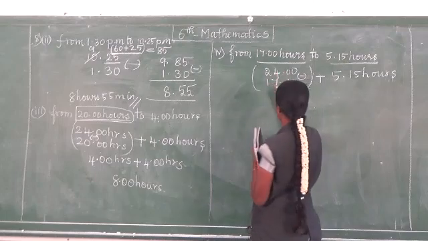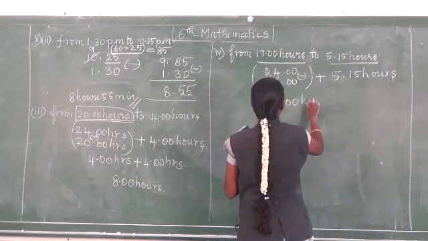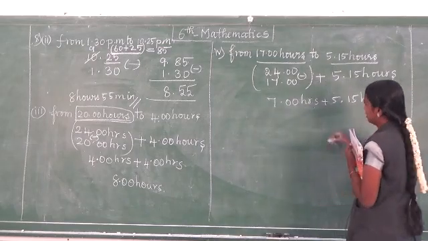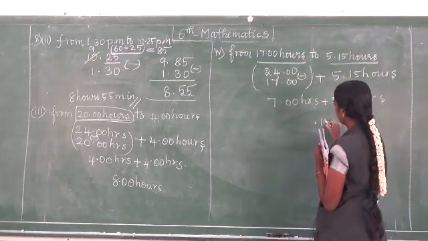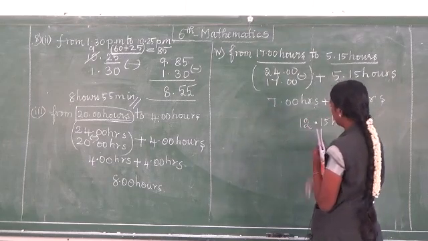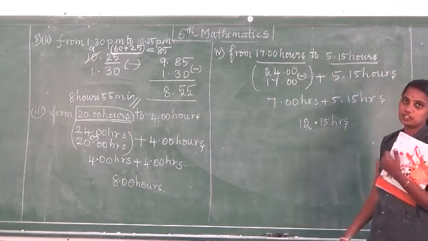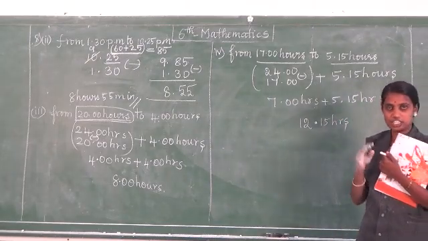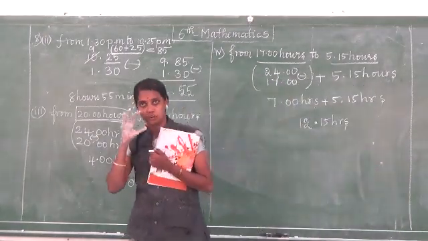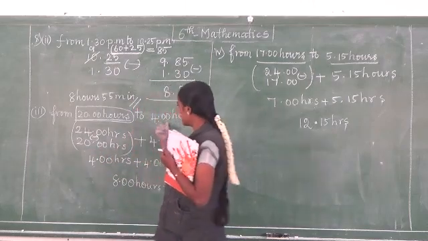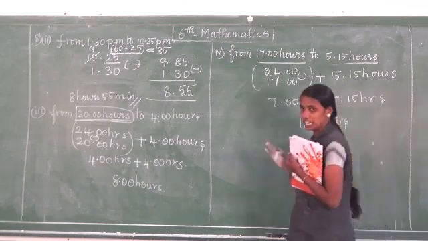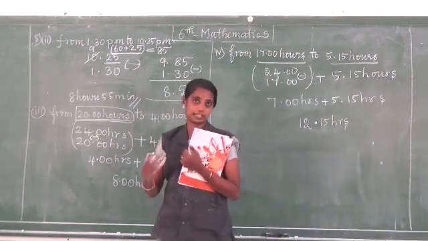So 7 hours is the difference, plus 5 hours 15 minutes. Add it. There are no minutes to add, so 15. Then 7 plus 5, 12. So the answer is 12 hours 15 minutes. When you have the 24 hours, you must do it like this, because the 24 hours is one day and it is taking the next day, so I have done it in this method. Clear everyone? Don't confuse that AM and PM can be subtracted directly.